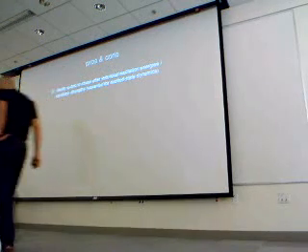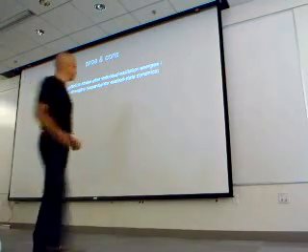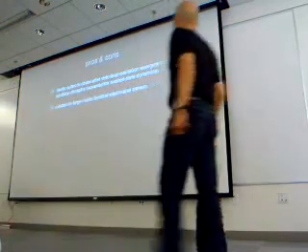So this approach is very good when you want to calculate individual excited states, because you have a big matrix. You can calculate one by one the eigenvalues, and this gives you easy access to individual eigenvalues, individual excitation energies.